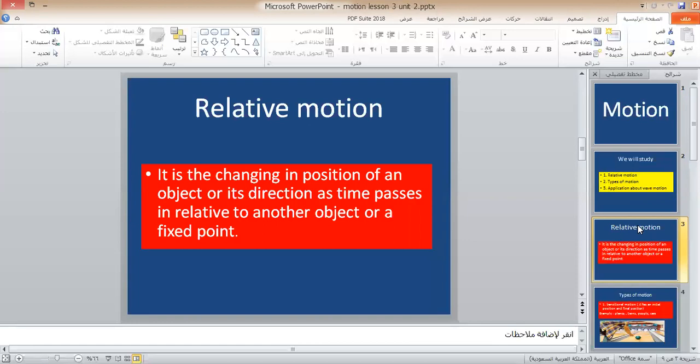If you sit or stand at the side of the road and there are 3 cars, one is going to your left, another car is moving in your right direction, and a third one is moving in the left direction. Now you are at the side of the road and there are 3 cars.